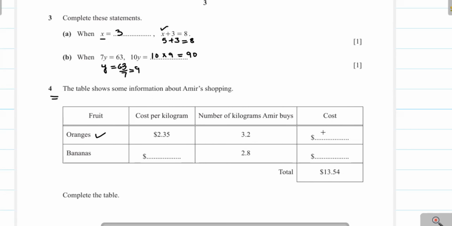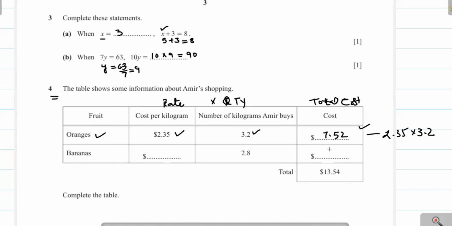And the total cost, we have to find the total cost. When we multiply the rate by the quantity, we get the total cost. Therefore, we multiply 2.35 by 3.2, and we get 7.52.